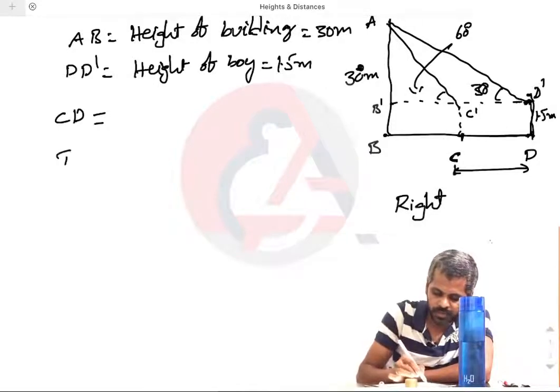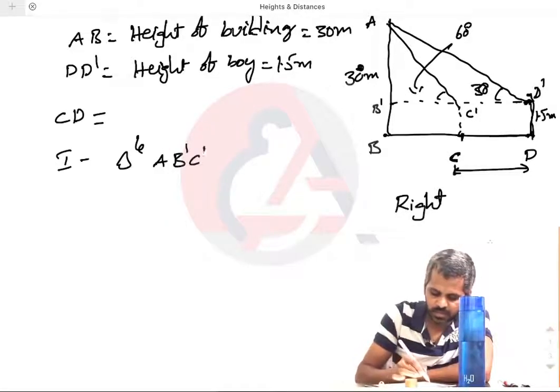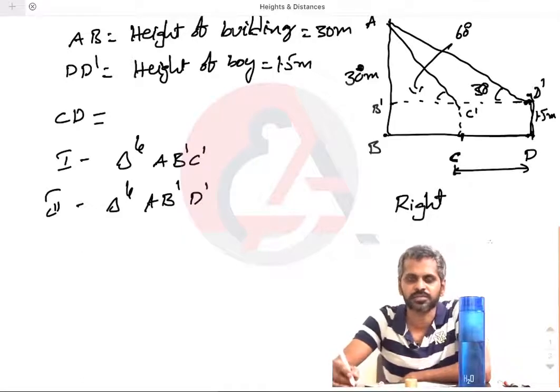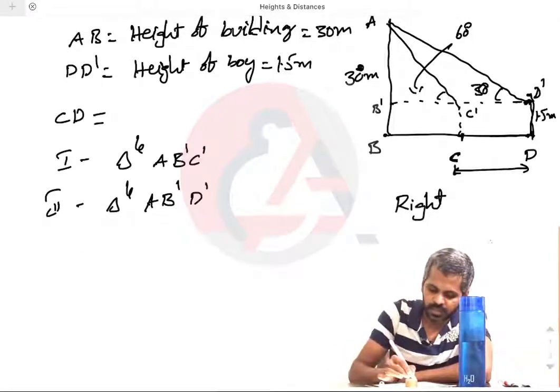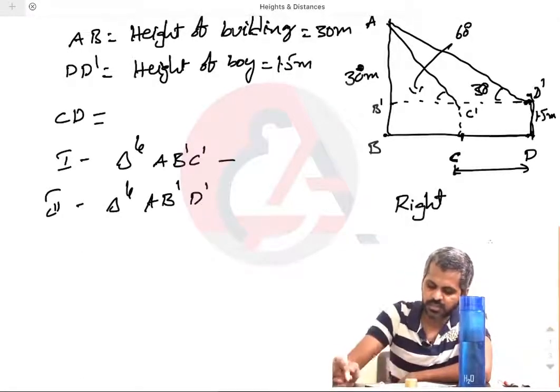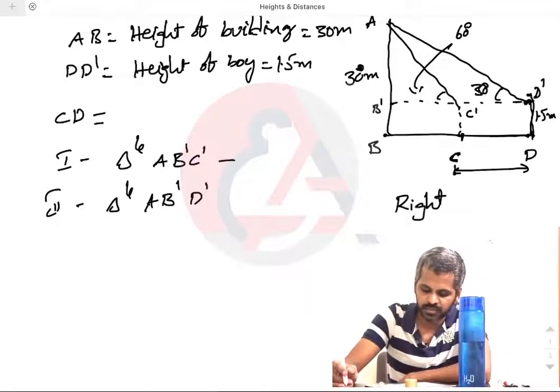The first one is triangle A B dash C dash. The second right angle triangle is triangle A B dash D dash. The first right angle triangle consists of AB dash, B dash C dash and AC dash. The second one is AB dash, B dash D dash and AD dash.